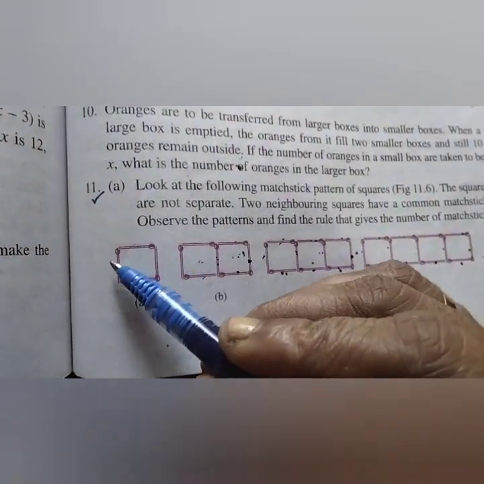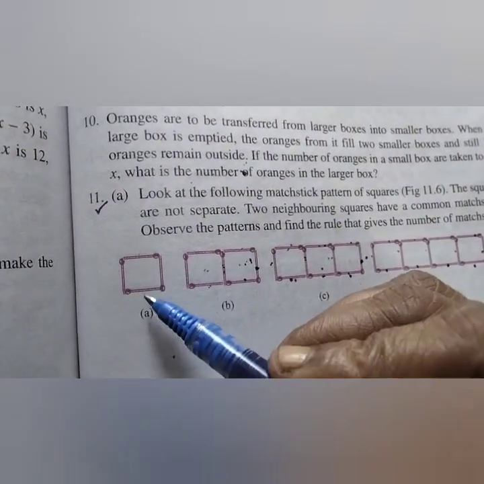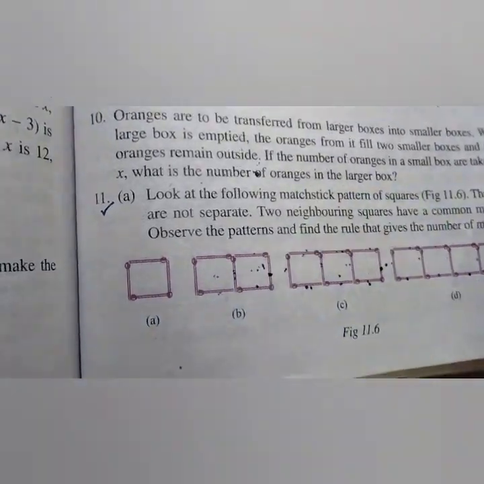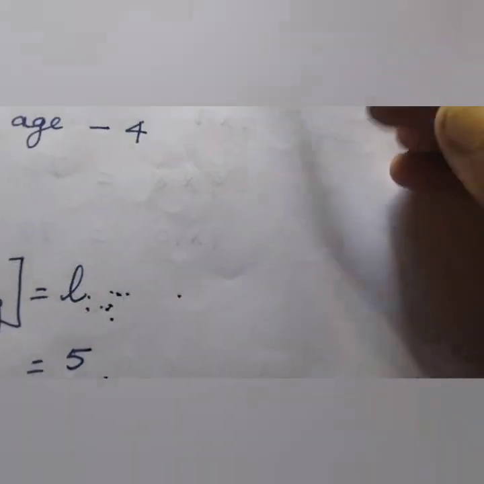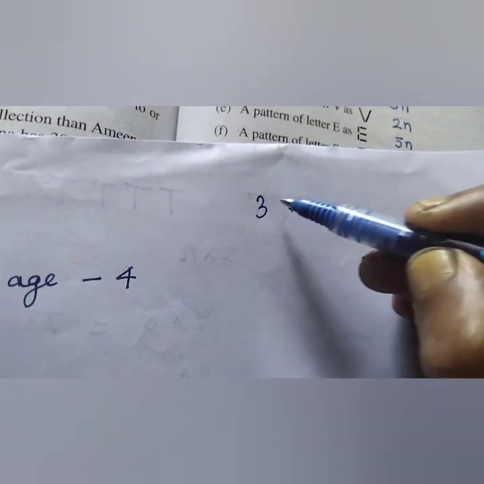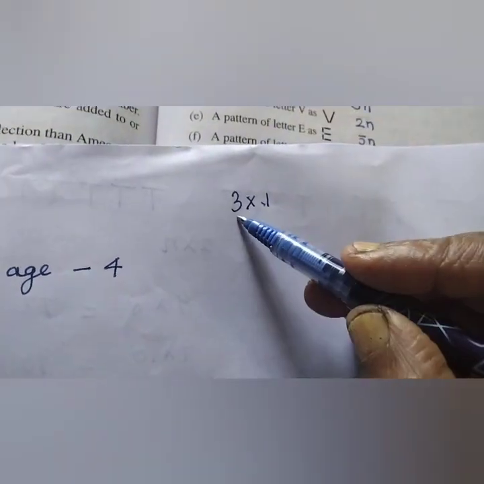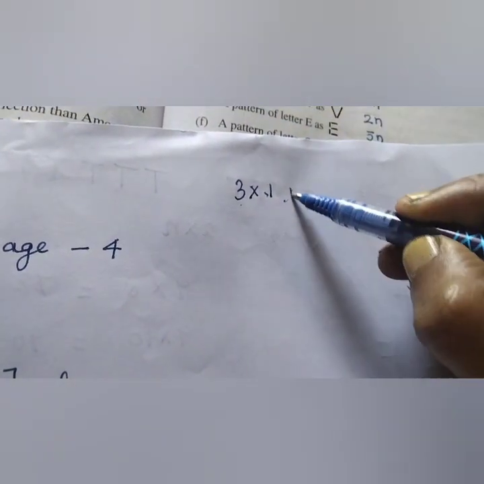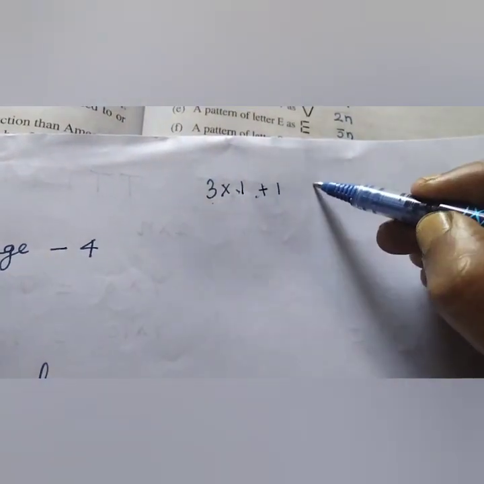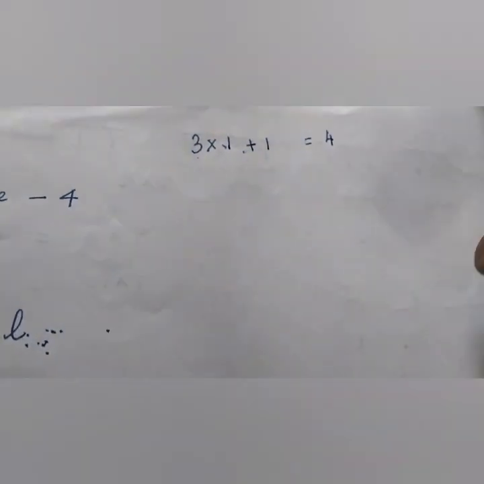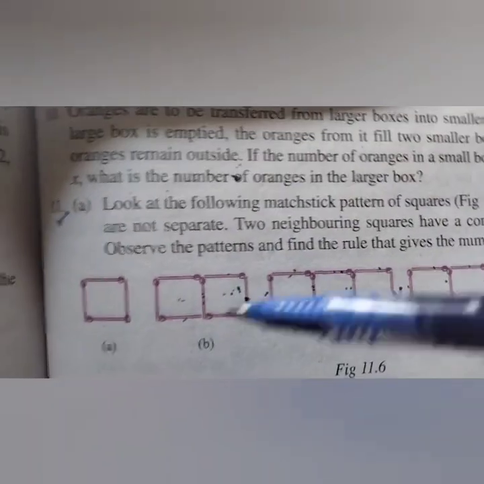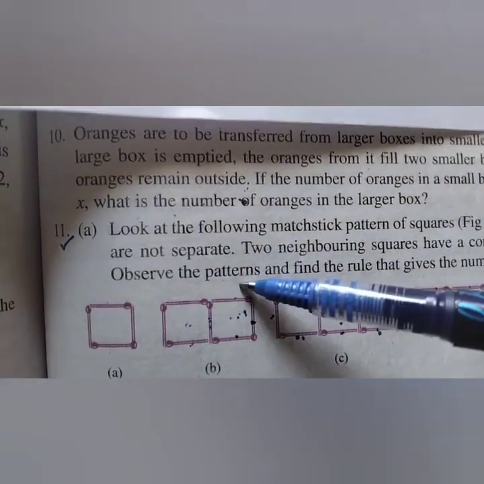Look at this. Here it is 3 plus 1. For the first picture it is 3 plus 1. So can we write it as 3 times the first picture, 3 sticks for the first picture, plus 1, which is equal to 4. In the next one it is 1, 2, 3, 1, 2, 3.